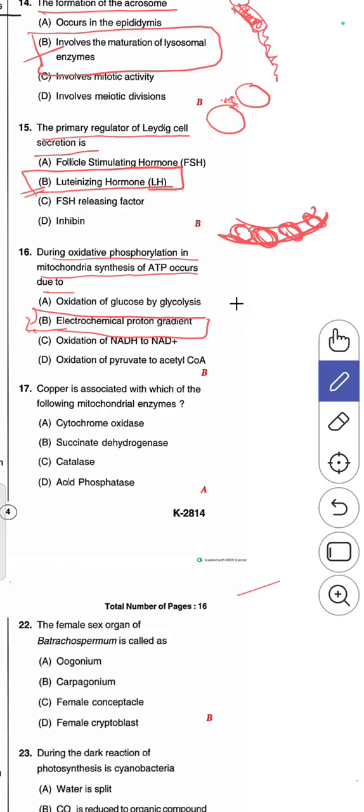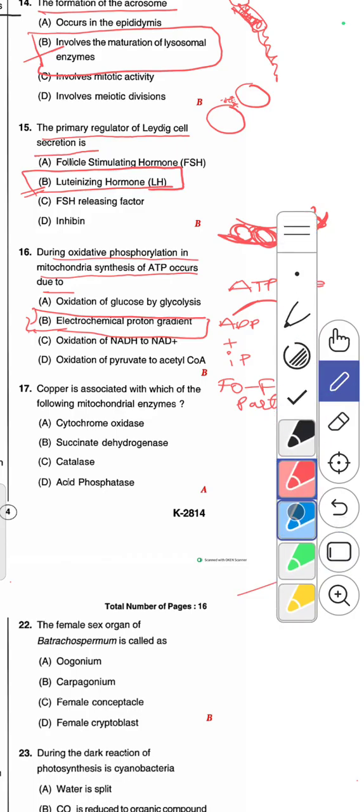This enzyme converts ADP plus inorganic phosphate into ATP through the oxysome, that is the F0 F1 particles. So 16B is the right answer. Then read out the next one. Next question.